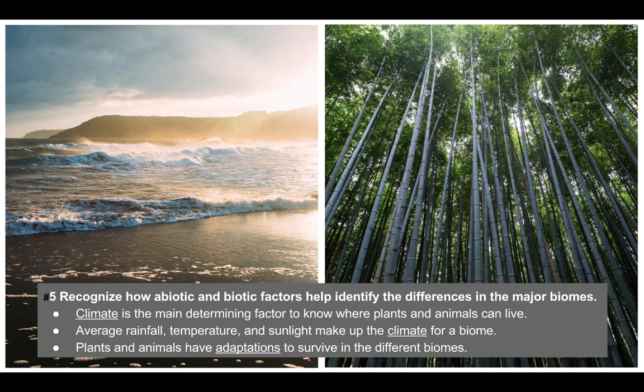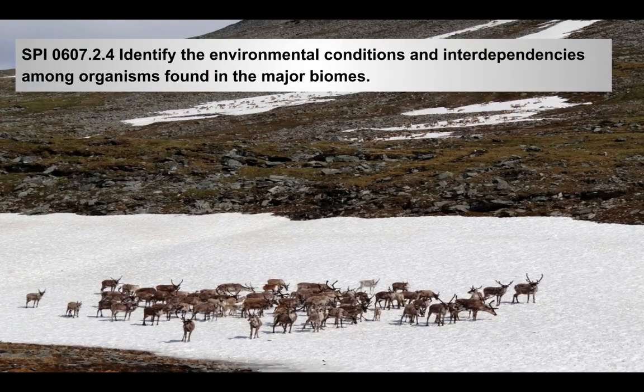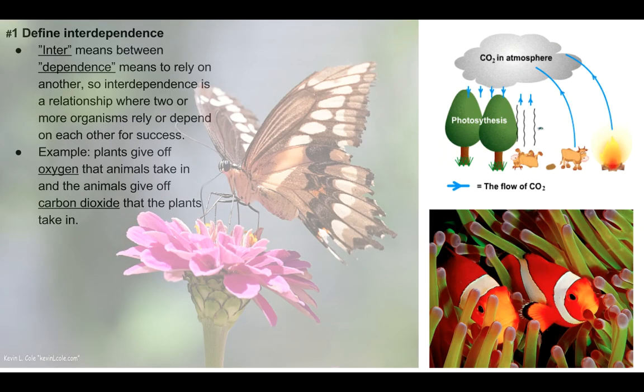All right, we'll move on to 2.4: identify the environmental conditions and interdependencies among organisms found in major biomes. The first success criteria for this standard is to define interdependence. This is where we're talking about those root words.